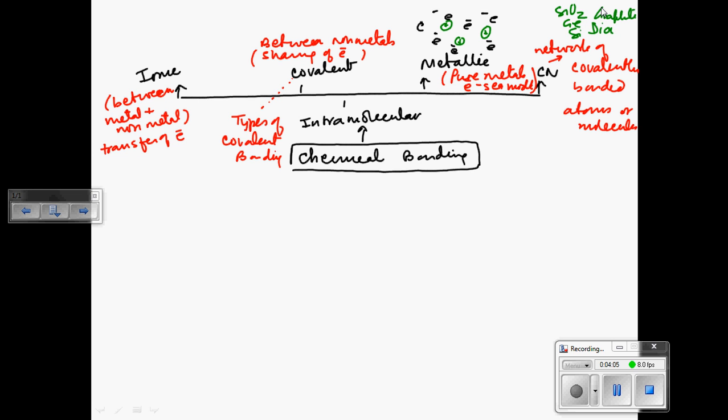All of these are covalent network solids. And the thing that's very special about covalent network solids is they are insoluble, because these are such large conglomerates of either molecules or atoms that they are very stable. They have very, very high melting and boiling points, and they are generally insoluble.